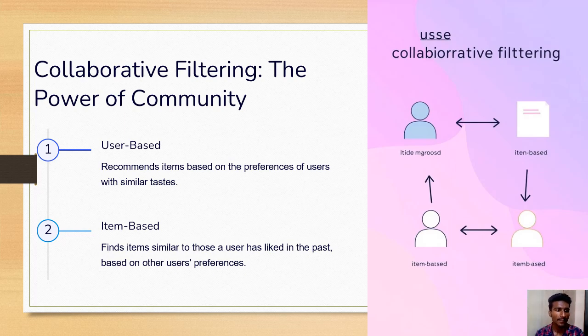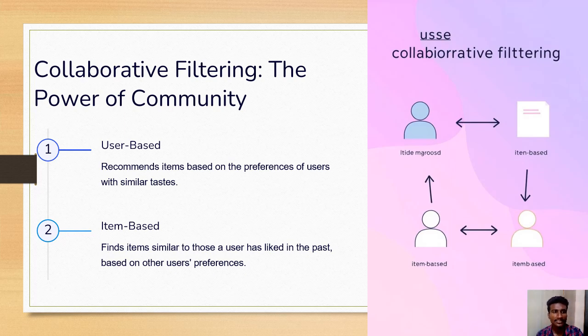Graph neural networks capture relationships between users and items in complex interaction networks. Reinforcement learning optimizes long-term user satisfaction by learning from feedback over time.